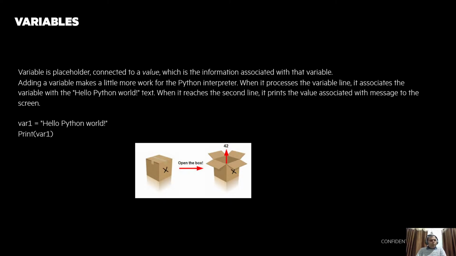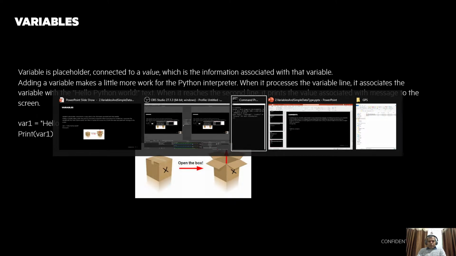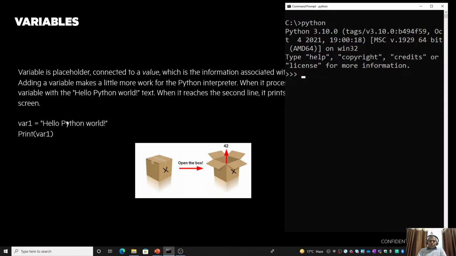So let's take a couple of examples. In this example, we are looking at one of the variables where we are keeping a value and we are just printing. But let's see some interesting aspect. What we are going to do, we are going to assign some variable x, assign some value 10, another variable y, assign some value hello, and another variable z, and there I'm going to store some float number.